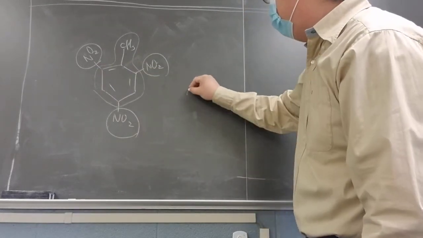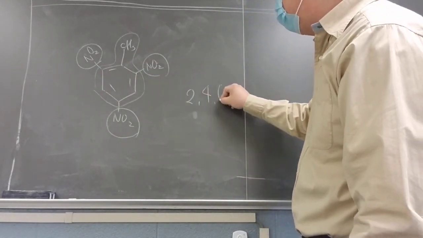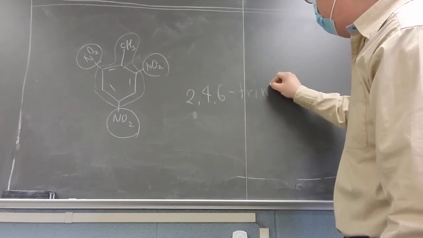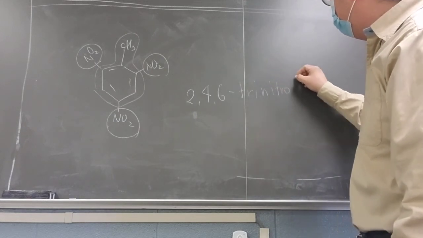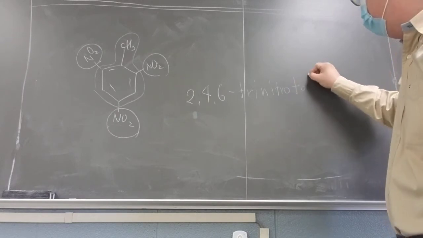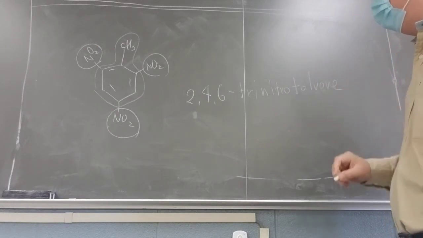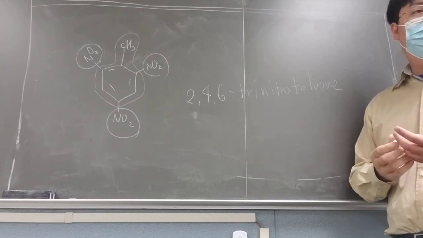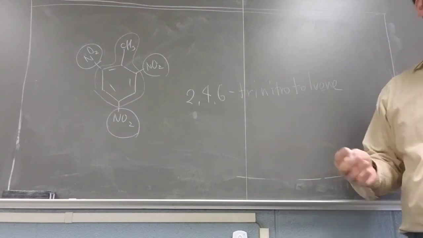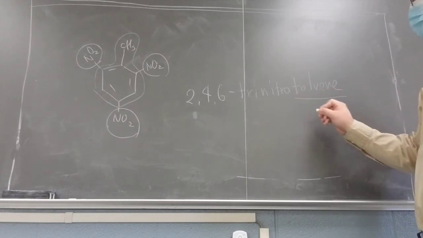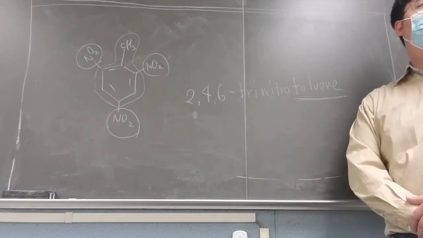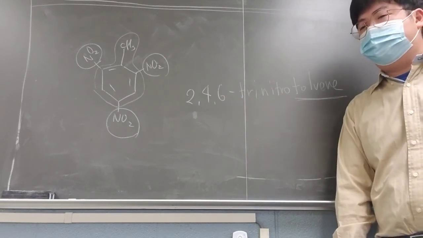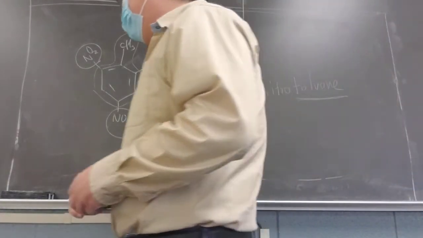So there will be 2,4,6-trinitrotoluene, not benzene, right? Because your base now is toluene, not benzene. You could possibly do it with benzene, but it will be very weird because we have a base name, which is toluene, which is better to name with those nice 3 same groups there. Okay. All right.